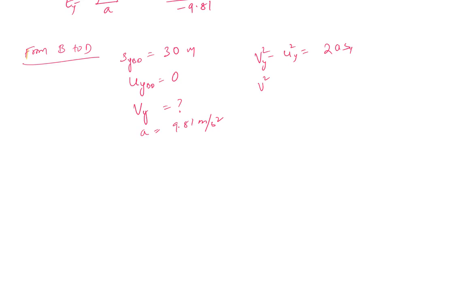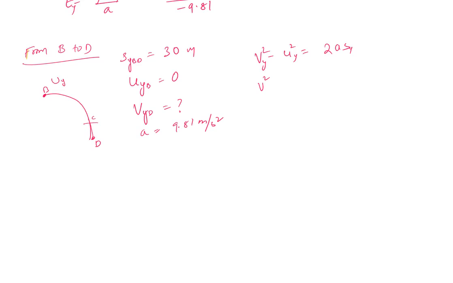I'm just going to say final velocity at D instead of initial velocity BD. Maybe I'll just call it B, because this is the initial velocity starting from B, right? Now it's going from B, this is C, and this is D. So for the initial velocity here, I'm going to call it u.